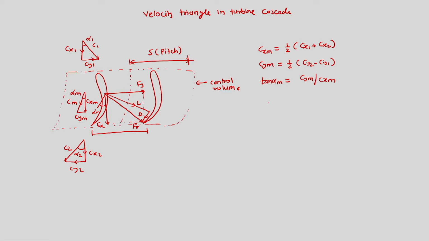Then for constant axial velocity, we have tan alpha m equal to half of tan alpha 2 minus tan alpha 1. So, this is for the case of constant axial velocity.